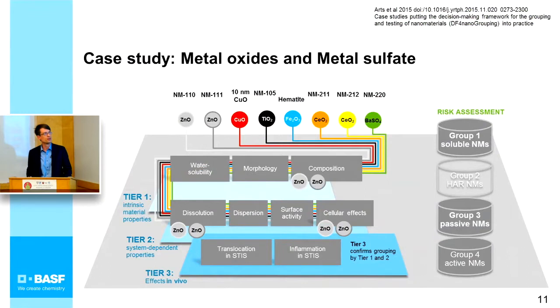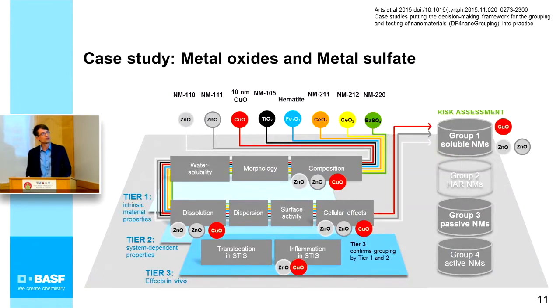But then if we go to a dedicated dissolution setup, and we'll talk about this in a second, in tier 2, we do find that it dissolves in pulmonary conditions quickly. This is what you would really expect from in vivo. And so this material goes to an assessment predominantly via the soluble effects, and that's confirmed in in vivo studies, short-term inhalation. Copper oxide, same story, goes to the soluble material assessment.